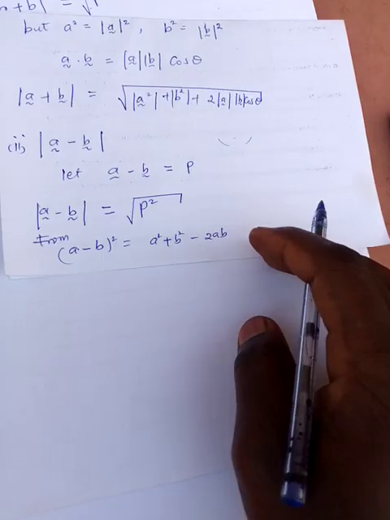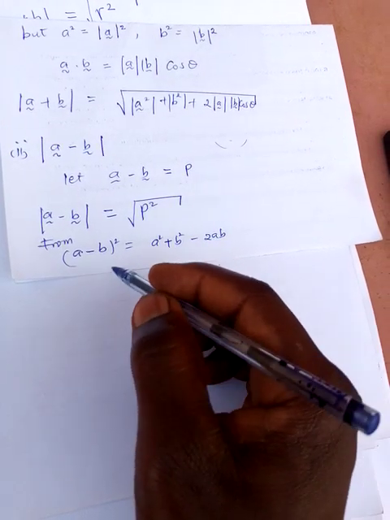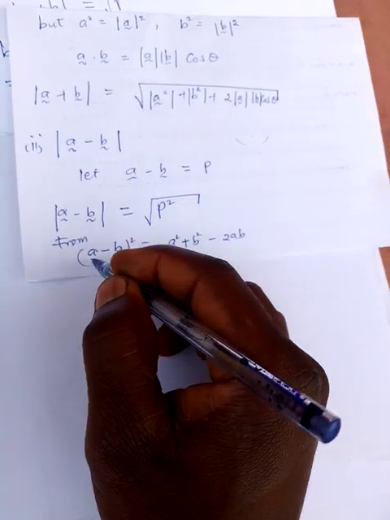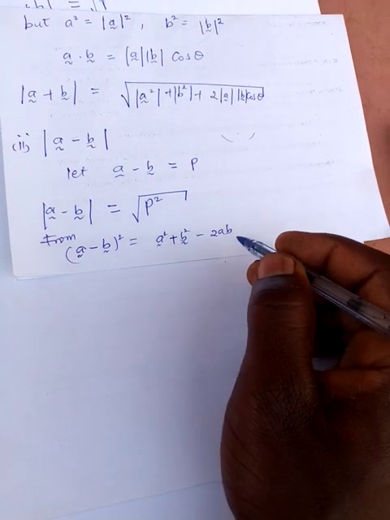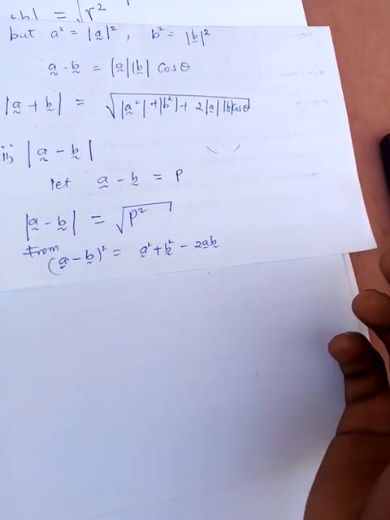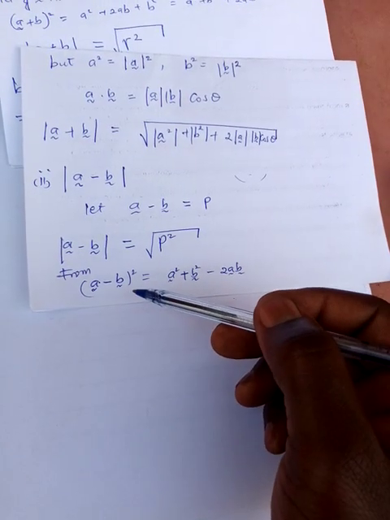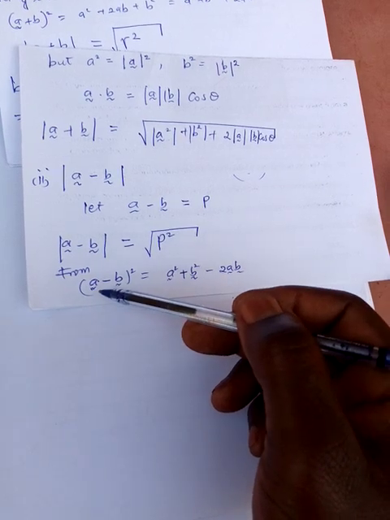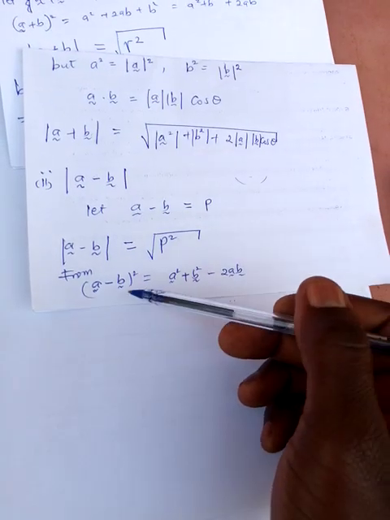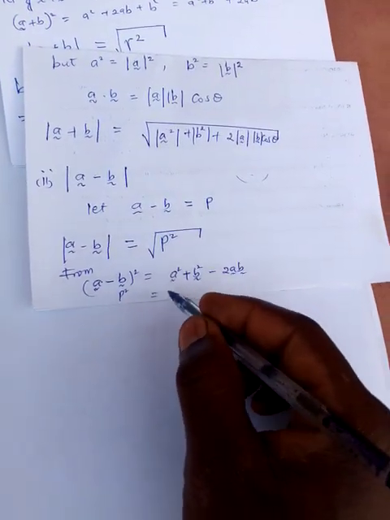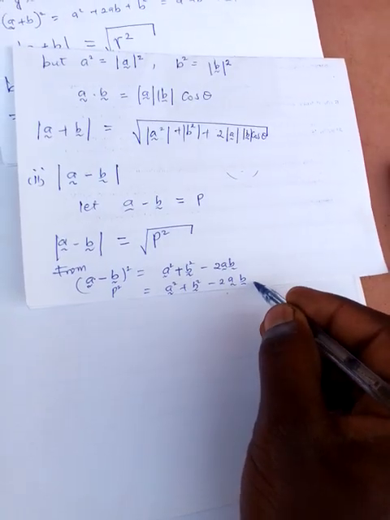That means that also vector a minus vector b squared equals vector a squared plus vector b squared. Now you said vector a minus b is the same as p, so this one is the same as p squared, same as a squared plus b squared minus 2ab.